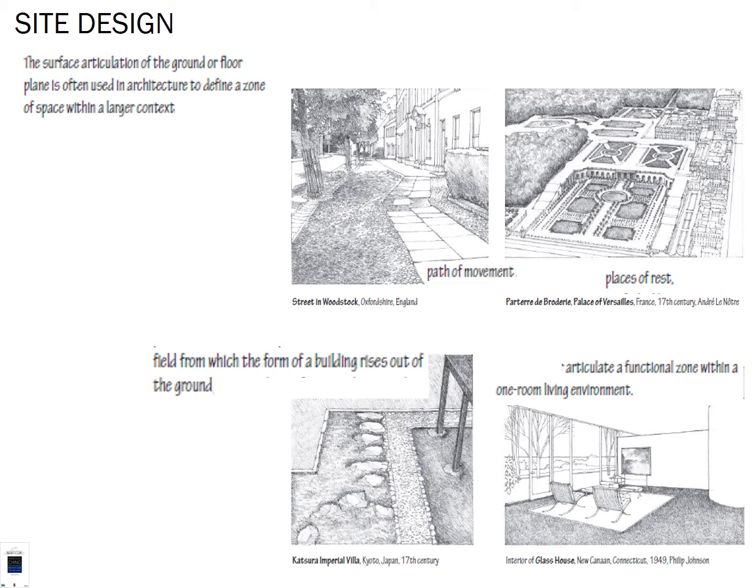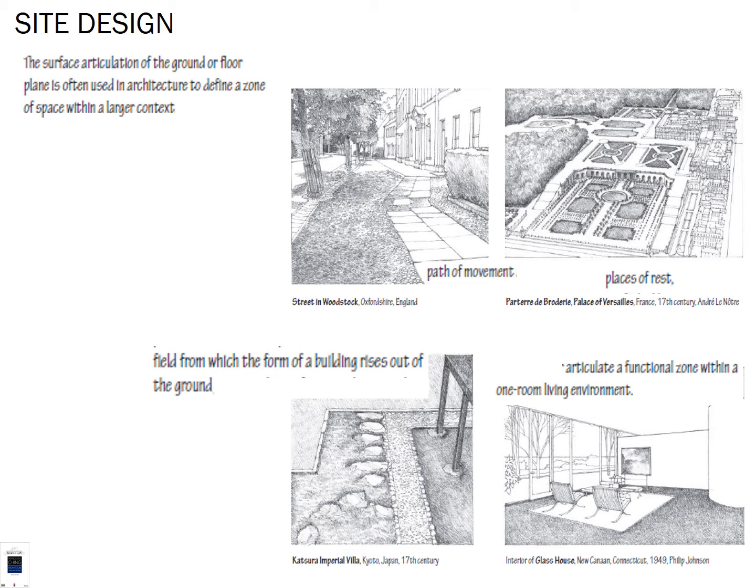So in site design, the surface articulation of the ground or floor plane is often used in architecture to define a zone of space within a larger context. So you see the paths of movement and the places of rest. We learn in urban design about paths and nodes and edges and landmarks and districts. And then the field from which the form of a building rises out of the ground.